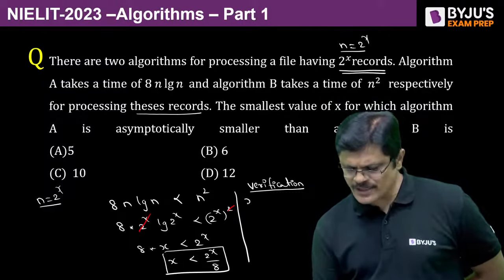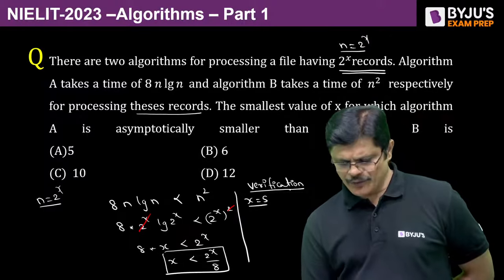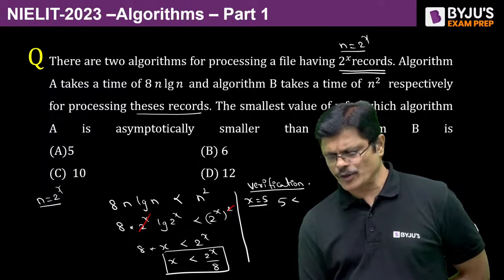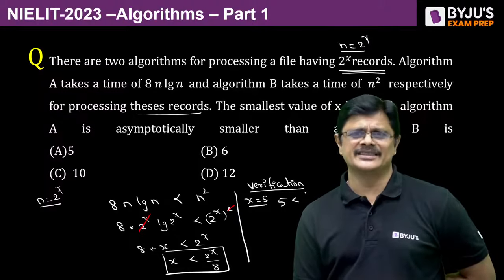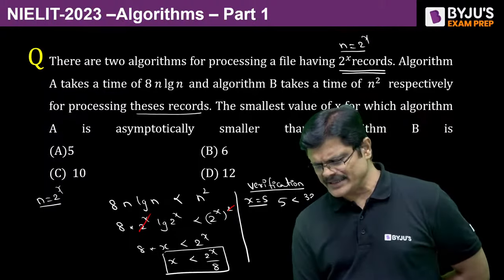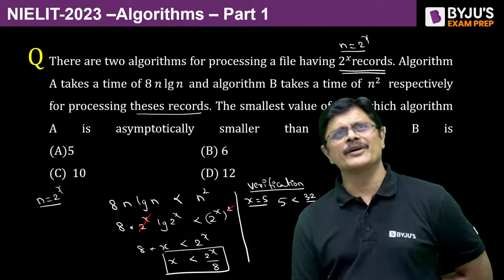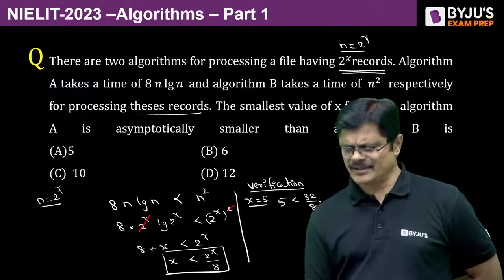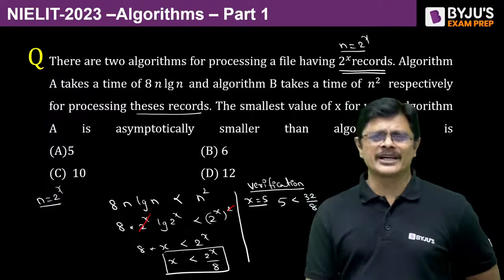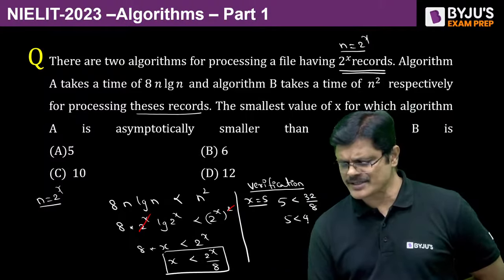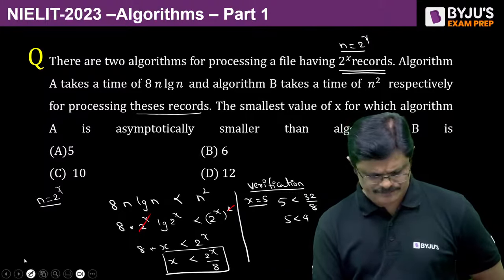So putting x equal to 5: 5 less than or equal to 2^5 by 8, and 2^5 is 32, by 8, which is 4. So 5 less than 4 is false, which is wrong.